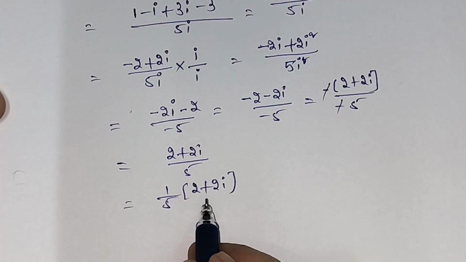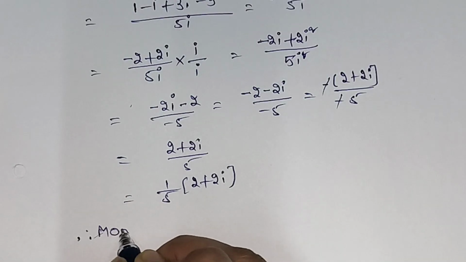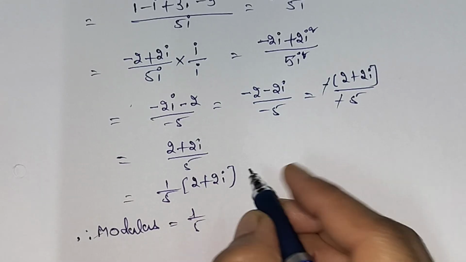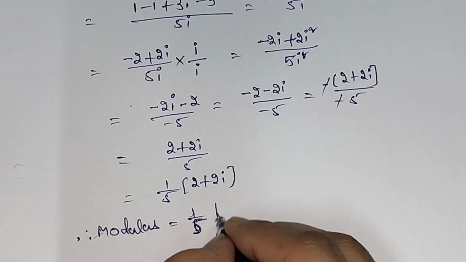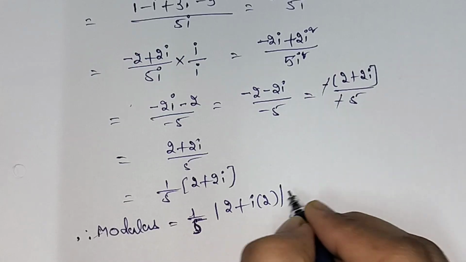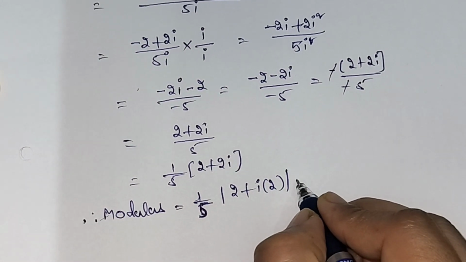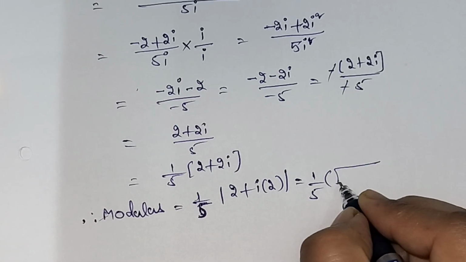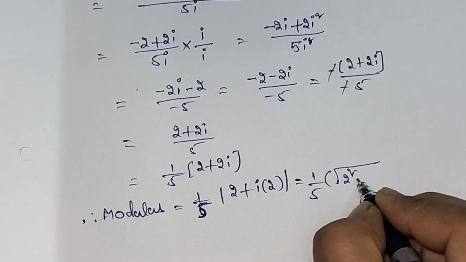For this we can find the modulus value. Therefore, modulus is equal to 1 by 5 into the modulus of 2 plus 2i. We write it in the form x plus iy. That equals 1 by 5 into under root of x square plus y square, 2 square plus 2 square.